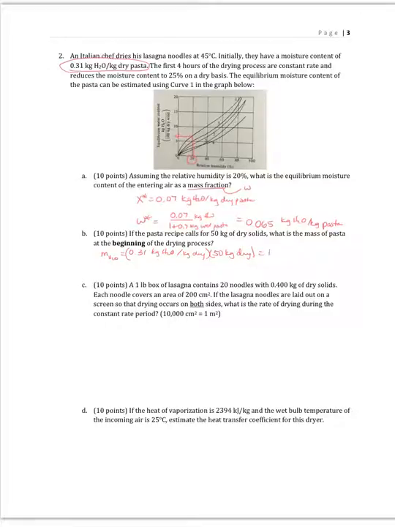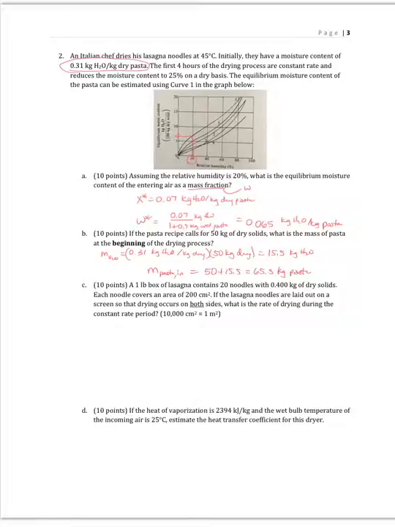Therefore, I'm adding 15.5 kilograms of water to these solids, and so the mass of pasta initially is going to be 50 plus 15.5 is 65.5 kilograms of pasta.